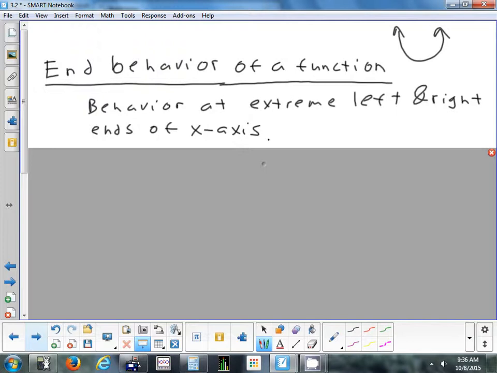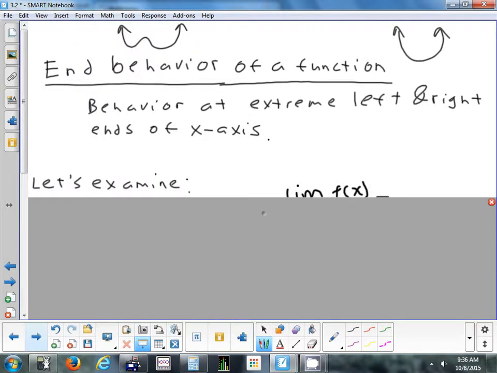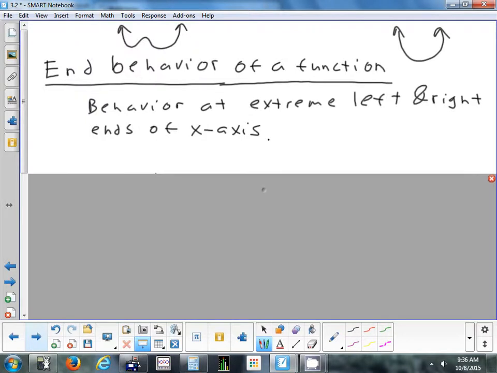Here's another function with the same end behavior. It does some twists and turns in the middle, but I would say overall, on the left side, it's heading up to infinity. On the right side, it's heading up to infinity. So there's really 4 different cases you can have. You could have up and up. You could have down and down.